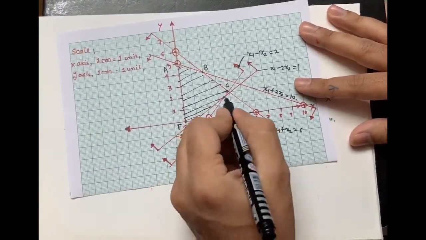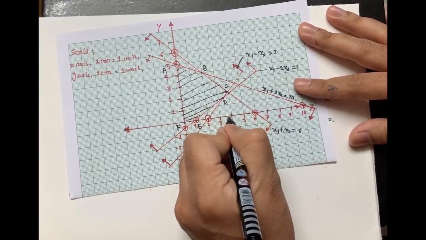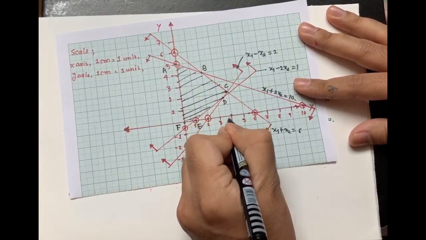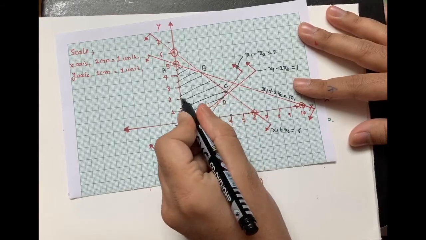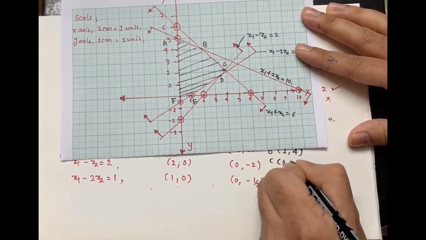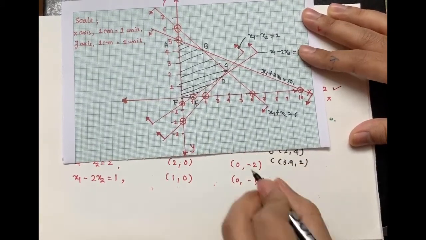For C, approximately I am getting x as 3.9 and y as 2, so 3.9 and 2.